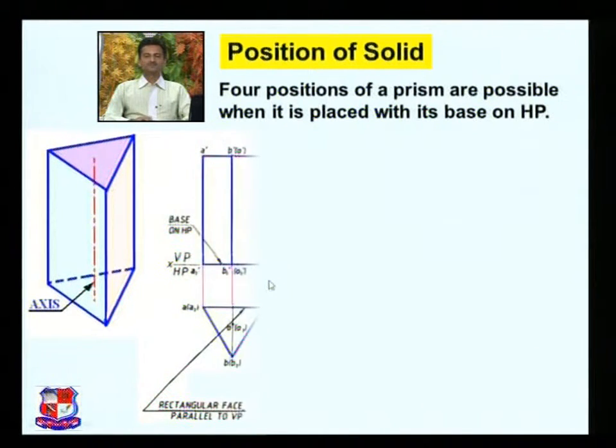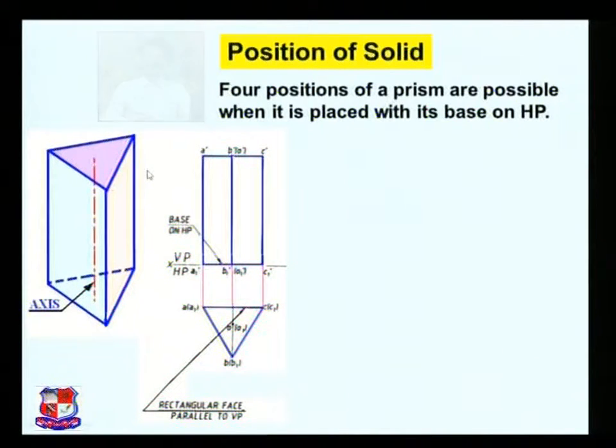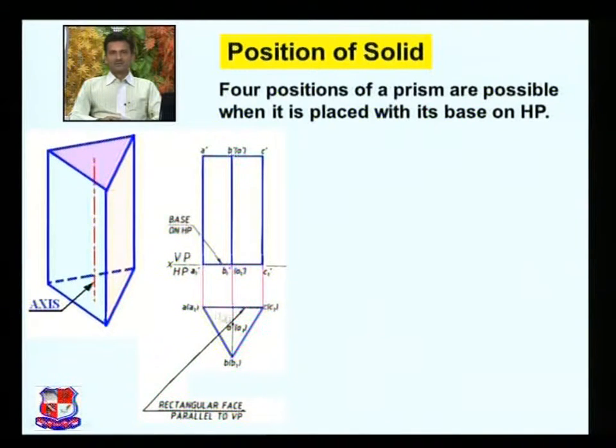The first position: rectangular face parallel to the vertical plane. If it is given that one of the rectangular faces is parallel to VP, then we have to draw its top view like this, such that this side is parallel to the XY line. After drawing this side parallel to the XY line, we draw the remaining two sides by taking distances from these points, or by taking arcs from the two end points of this line segment.